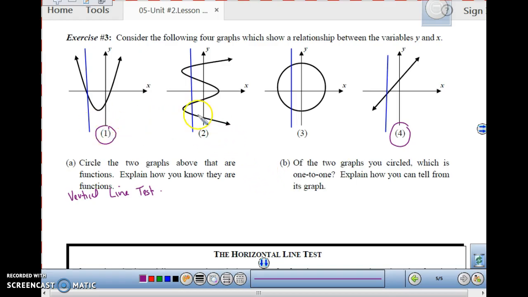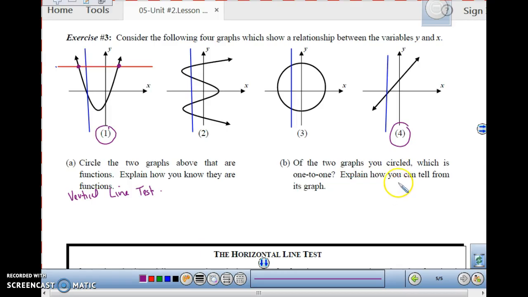If I figure out my values here, are any y values repeated? I'm going to draw a different line, a horizontal line. Let me do a different color so you can tell which one I'm drawing here. If I draw a horizontal line right here, this x, whatever it is, has this y, and this x over here has this y. So is this one-to-one? No, this is not one-to-one.